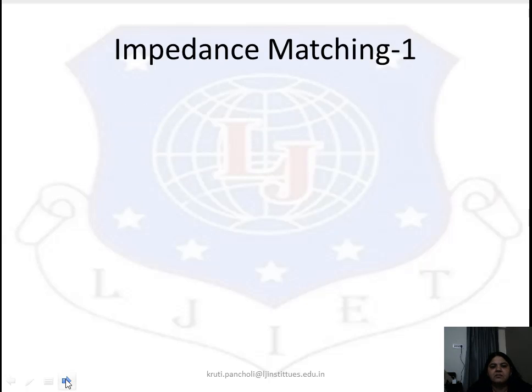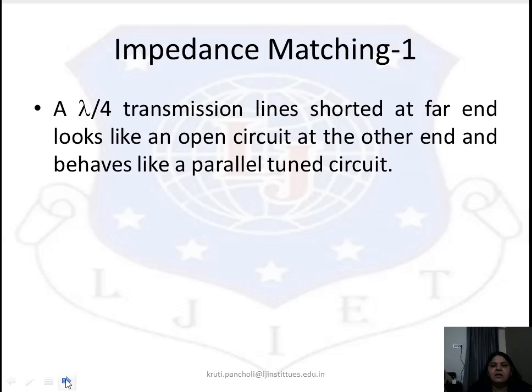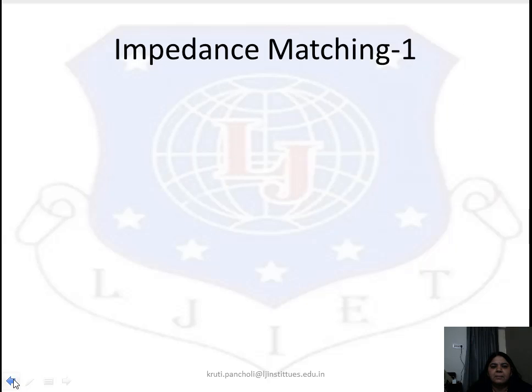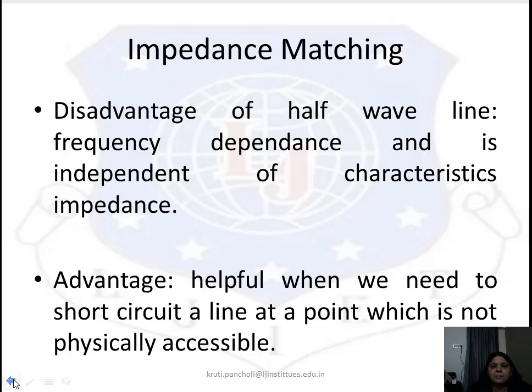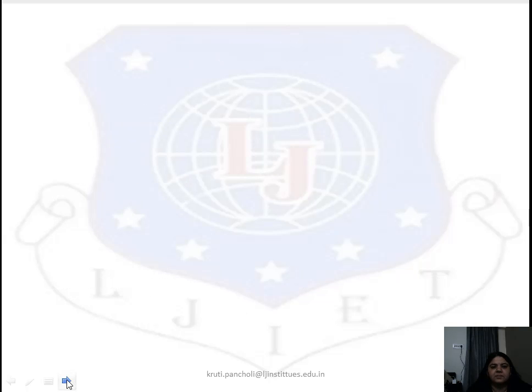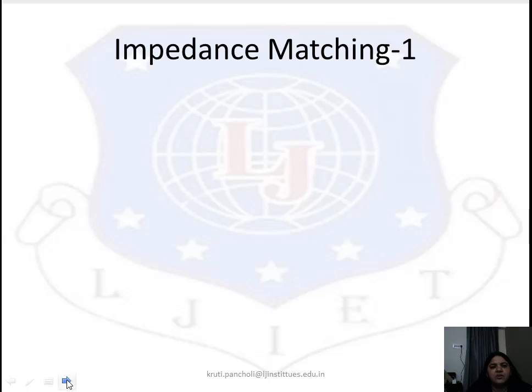It has the advantage of being helpful when we need to set a line at a point which is not physically accessible. Now, which kind of line is feasible during impedance matching?